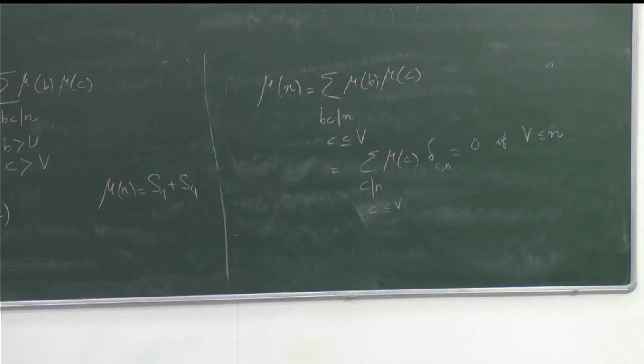Well, that's what I do there. Instead of taking mu B, I forget one of the conditions and keep only the V as the only condition. If V is the only condition, then everything can be expressed in terms of C and N.